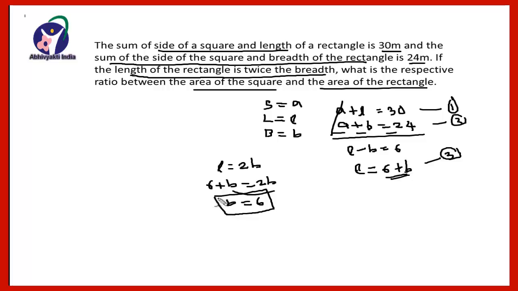Now you have got b. Now put the value of b here and you will get the value of L. So L is equal to 6 plus 6 and that will be equal to 12. So L is equal to 12.